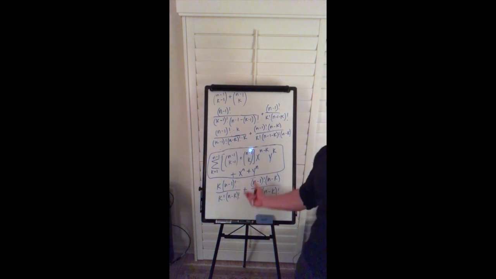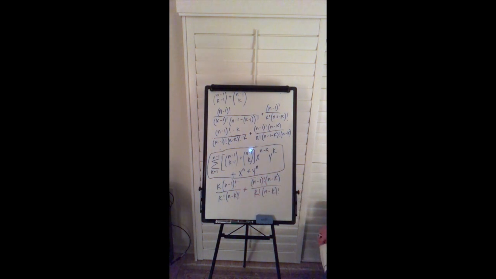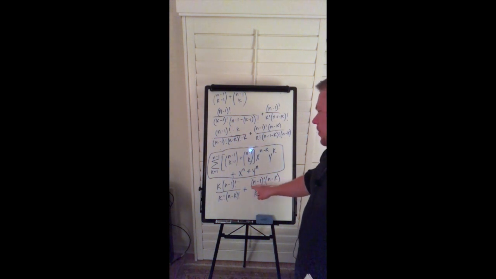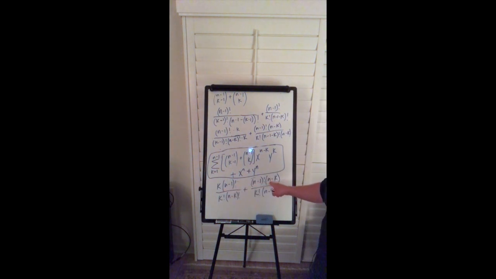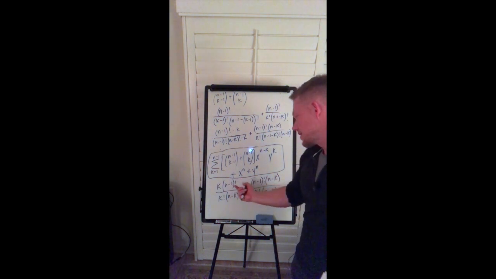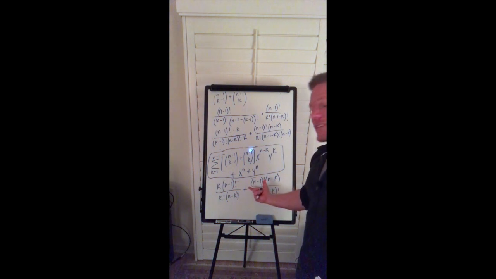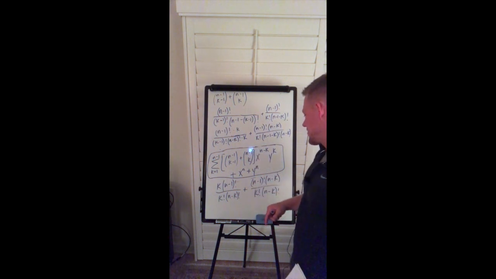Now we have a common denominator, so we can add the fractions together. If we add these two pieces together, at the top we're going to be left with n minus 1 factorial times k plus n minus k. Well, the k's are going to cancel, so we're left with n times n minus 1 factorial, which is the same as n factorial.